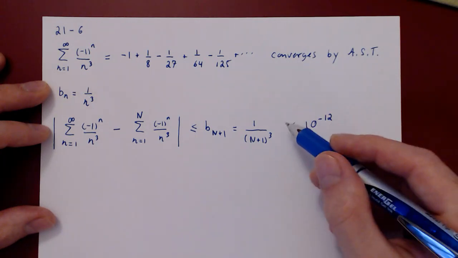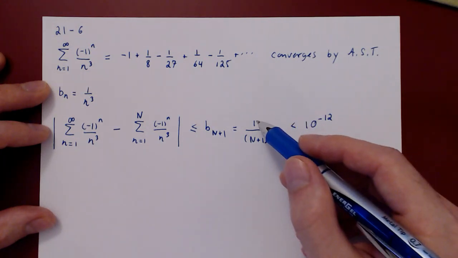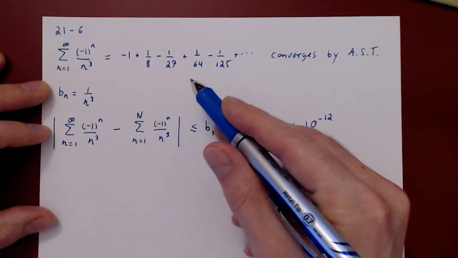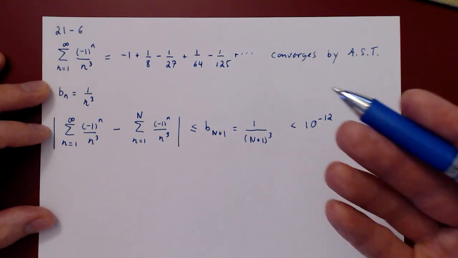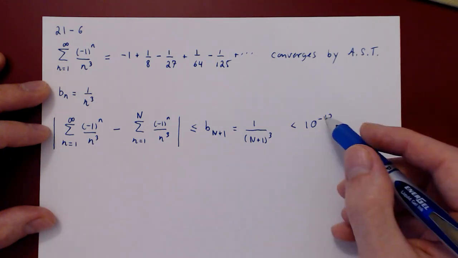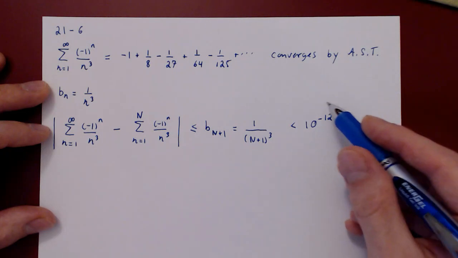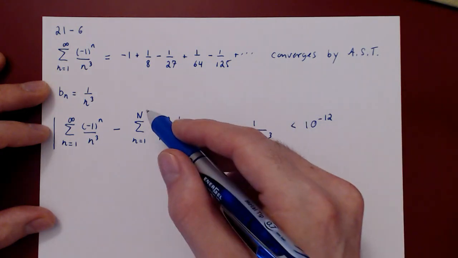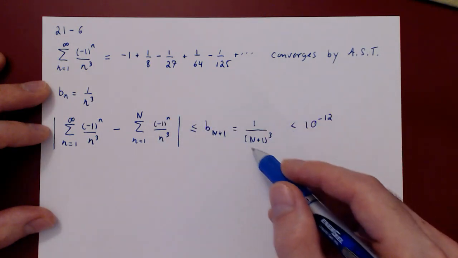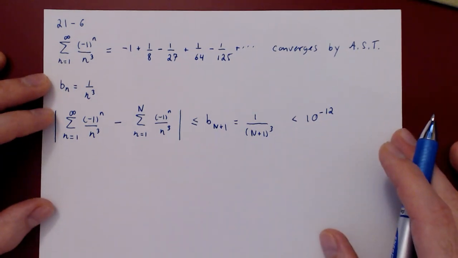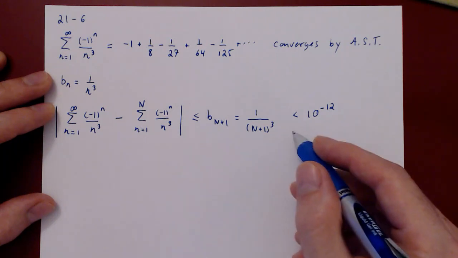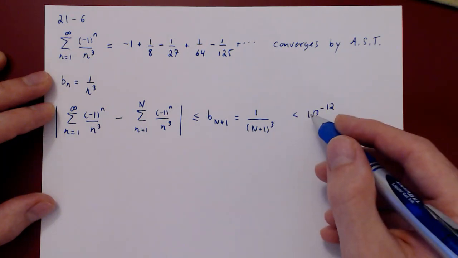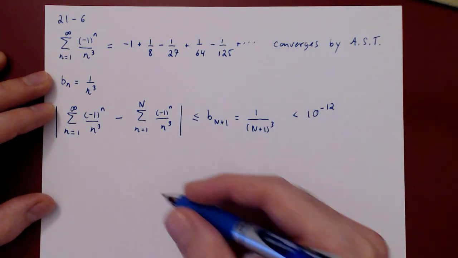And this can of course be achieved since n can be made arbitrarily large, so 1 over n plus 1 cubed can be made arbitrarily small. So no matter the level of accuracy that you need, you can always choose n to be large enough to satisfy this requirement. And now let us solve for uppercase n. First, I will rewrite this by sending this down to have a positive exponent.